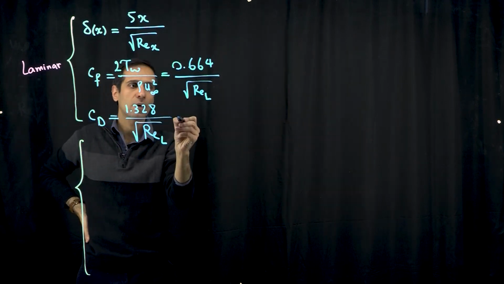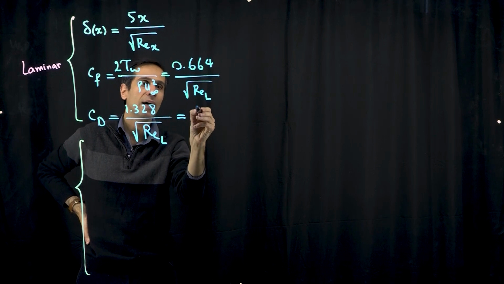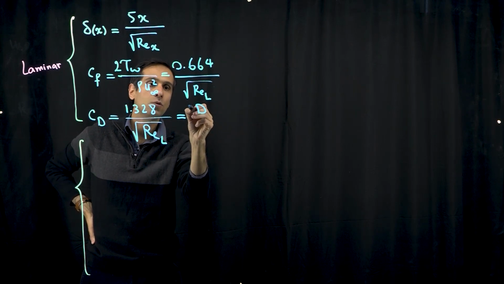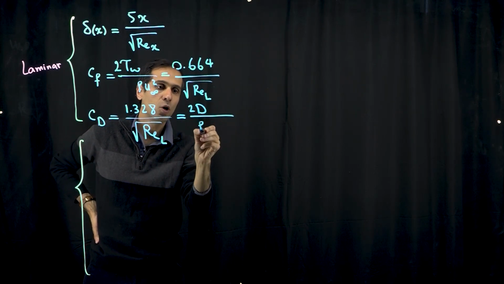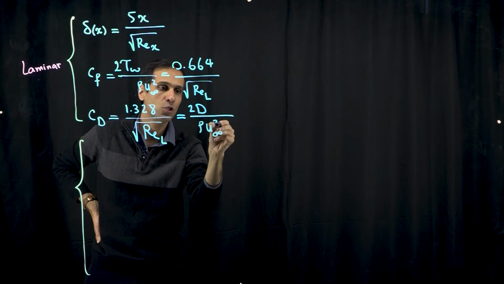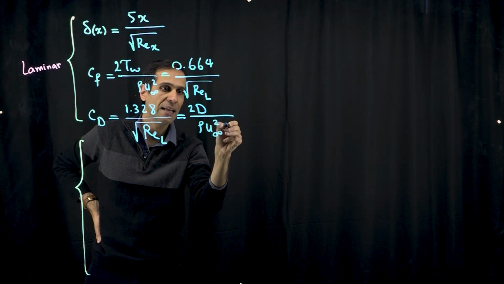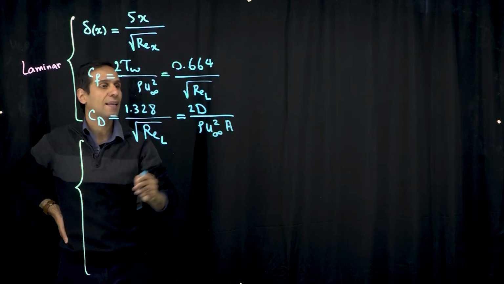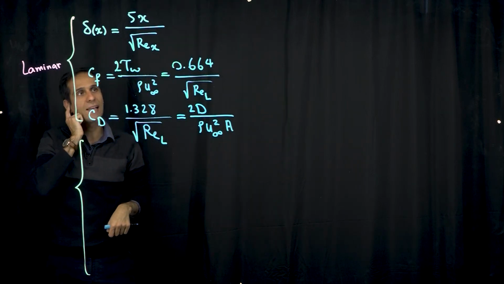I can write it here actually for the drag formula as D equals C_D times one half rho U infinity squared times A, where A is the reference area. What you can see is this.